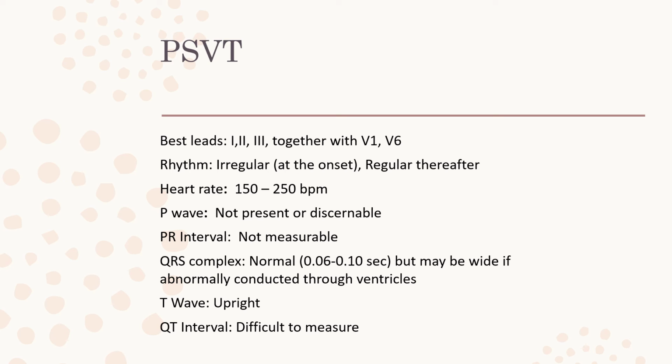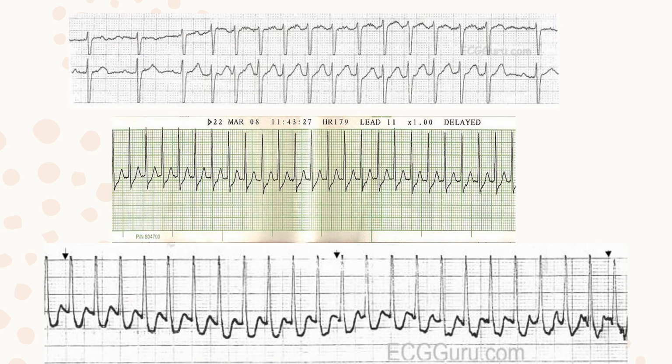The PR interval is not measurable. The QRS complex is normal. It may be a little wide if abnormally conducted through the ventricles, but if it's wider than 0.12, then we're going to call it a different rhythm. The T wave is upright if we see it at all, and the QT interval is very difficult to measure.